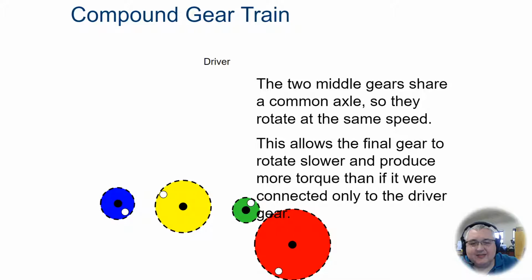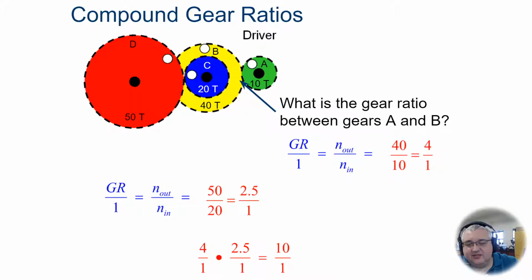They're basically saying it's pretty common to use a compound gear because it allows you to change your torque. All a compound gear is, is one axle with two gears on it, and as we said before, those two gears turn at the same speed. So in this case, B and C have the same angular velocity because they're on the same axle.